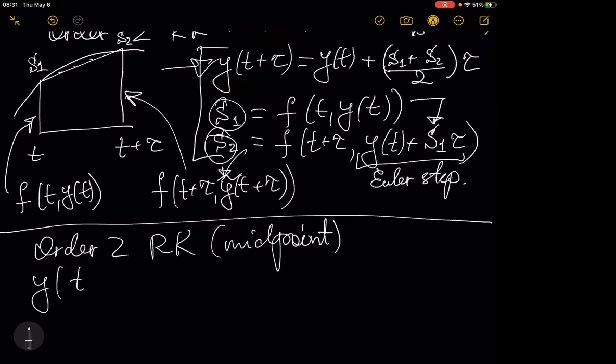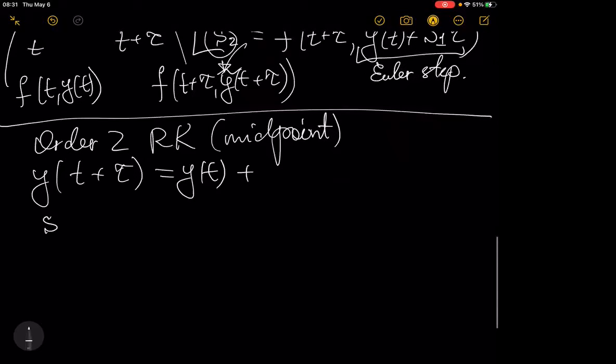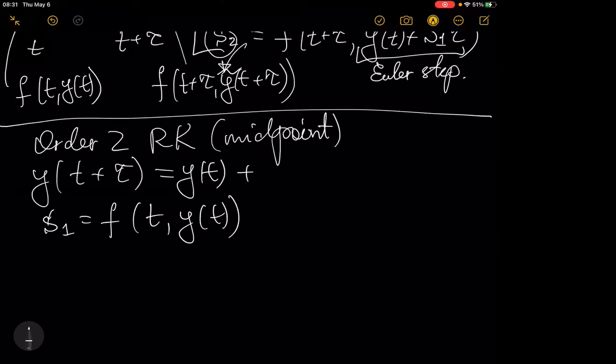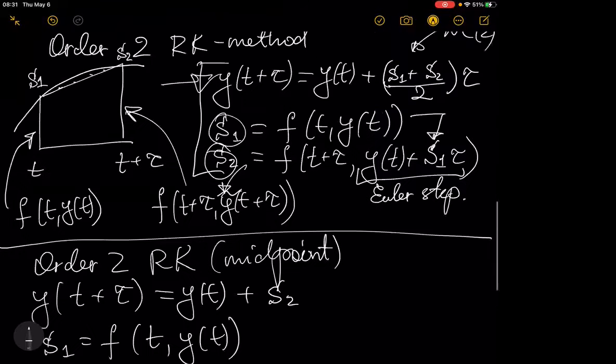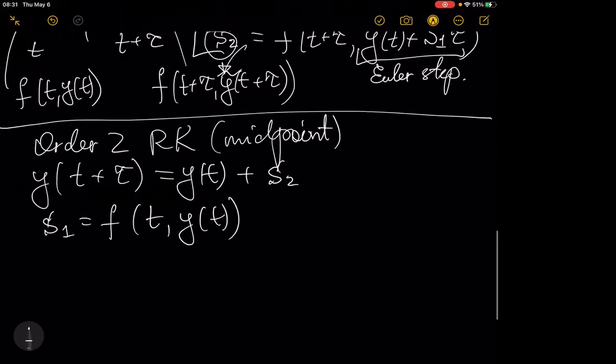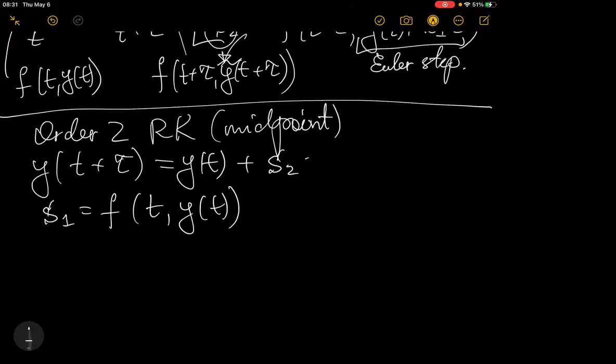So using the midpoint, as you understand, this will be just y(t) plus, and here once again the initial slope which I have is S1, and then I need to evaluate S2, the slope at the midpoint, and multiply it by tau.